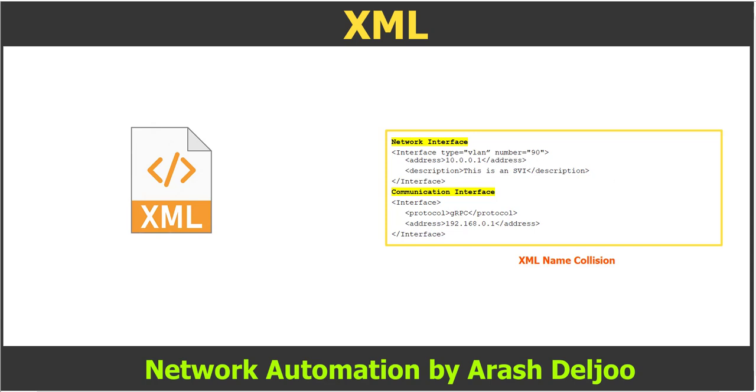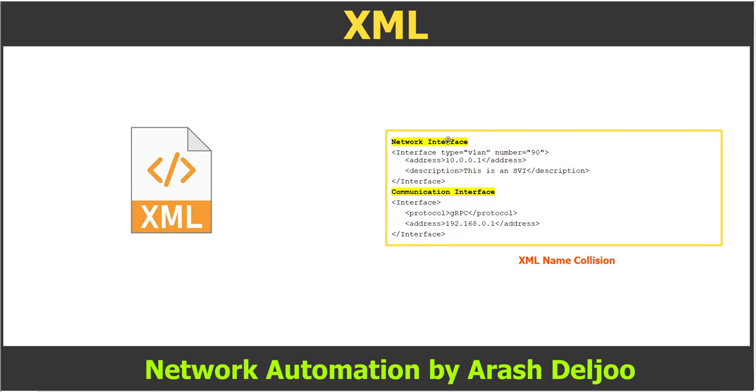The solution to this issue is to use XML namespaces. An XML namespace is a collection of XML elements identified by a resource identifier. This identifier provides a way of distinguishing between elements of the same name, thus avoiding naming conflicts. This is the XML name collision.